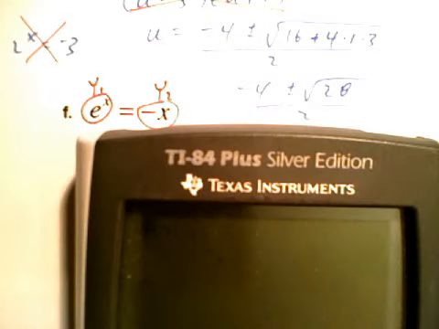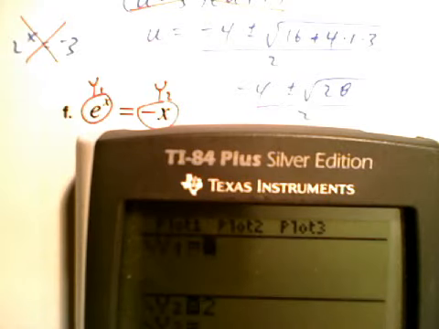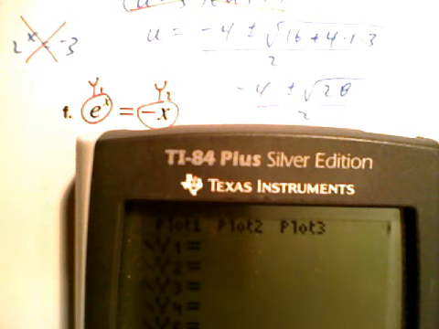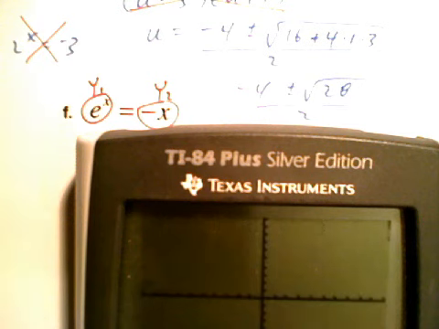Let's take this in. y1 is e to the x. That's a pretty easy one. And then y2 is the opposite of x. So we know what that looks like as well. So graph. There's e to the x. There's the opposite of x. So we've got that down.